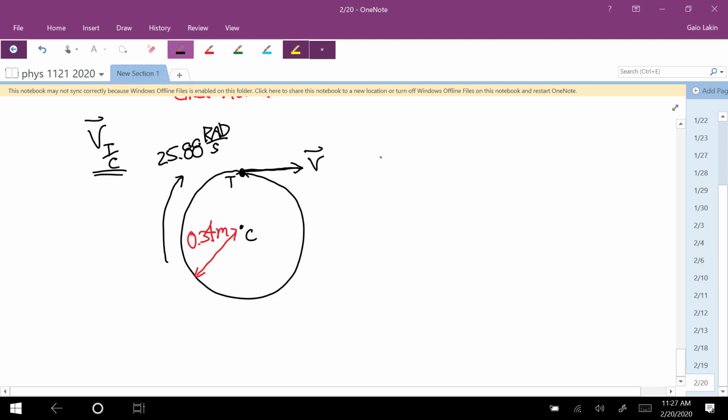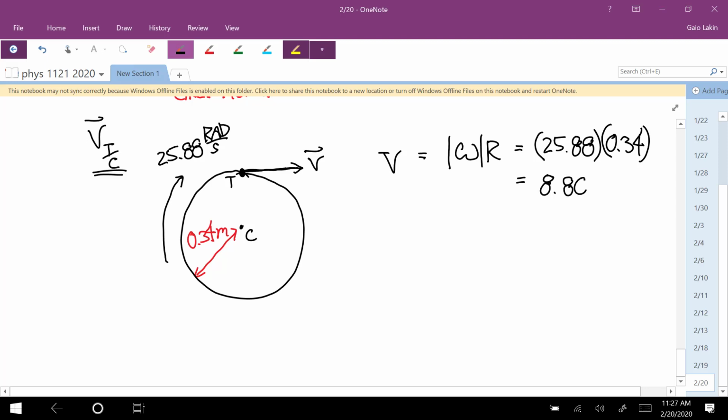And to get the magnitude, that's equal to the absolute value of omega times r, which is 25.88 times 0.34, which is 8.80 meters per second.